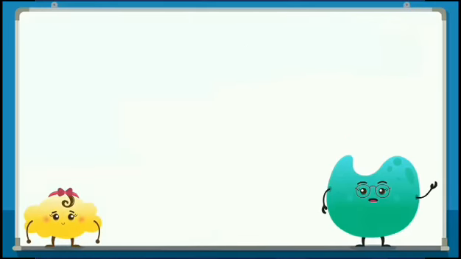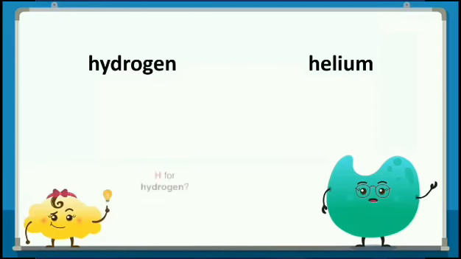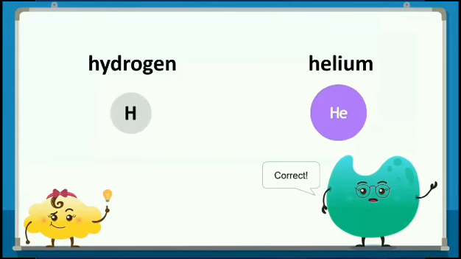For example, what do you think the symbols for hydrogen and helium are? Correct! H from the first letter of hydrogen and He from the first two letters of helium. Now, let's try some that are a little harder.